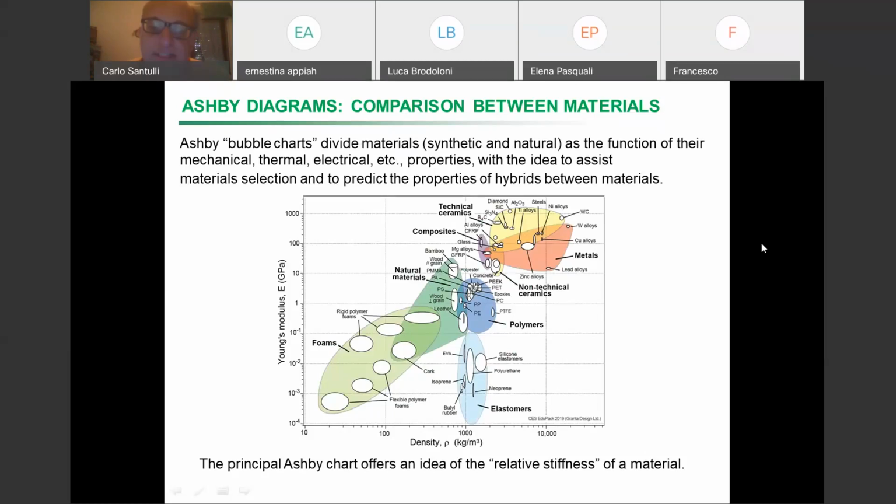Here, for example, this is the main chart, which was the first developed, the chart of stiffness, Young's modulus on the y-axis, and on the x-axis the density, rho, which is expressed in kilograms per cubic meter.